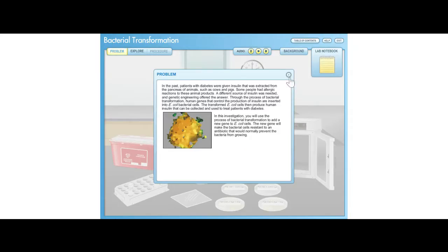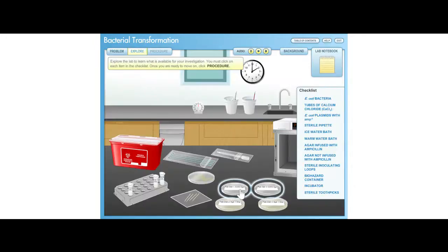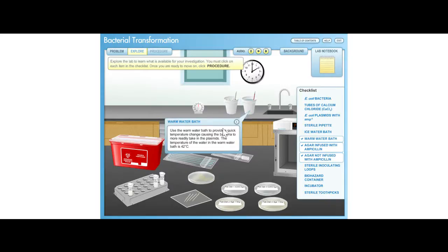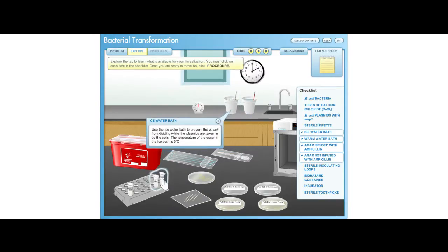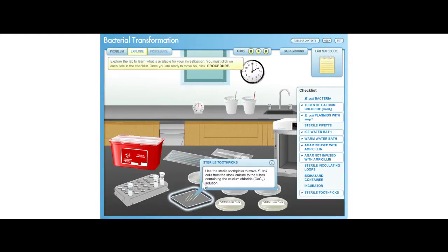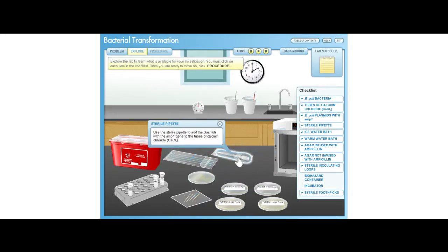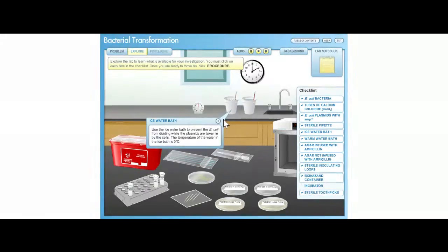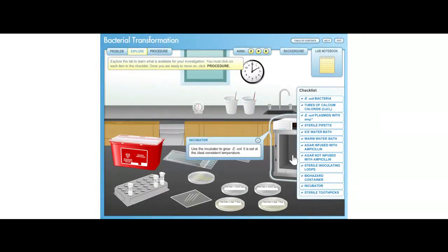So when you go in here, you've got all your information. This will actually speak to you, which is nice. You don't actually have to read it all. Then you come in here, you're going to have to go through and click all your different bits of instruments because it won't let you start without clicking them all, which is a little bit annoying, but it's really good because you guys get to learn all the different bits of equipment. So the only thing I haven't done is the incubator.